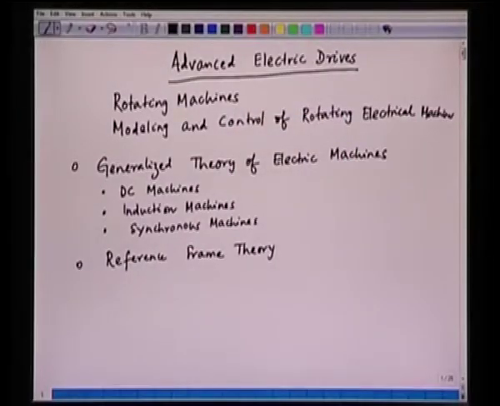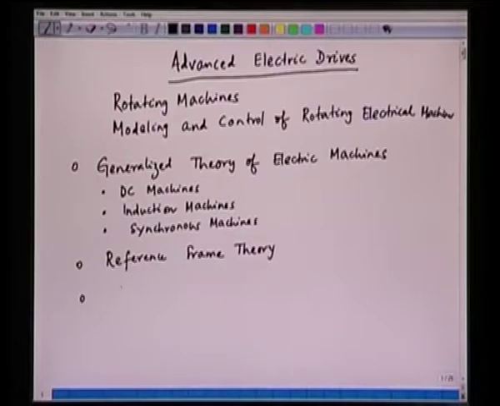So the reference frame will help us analyze the machine from a perspective of control. So this is the second aspect of this particular course, the reference frame theory. And then this will set the background for the advanced control of electrical machines, mainly the rotating machines.